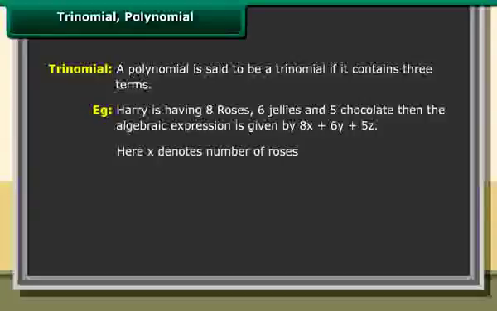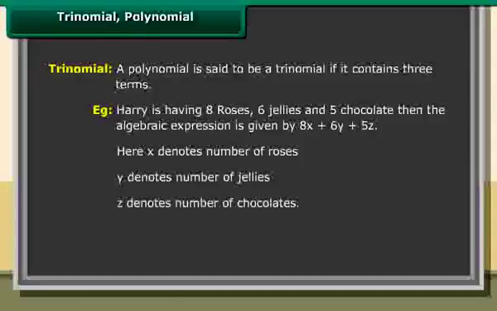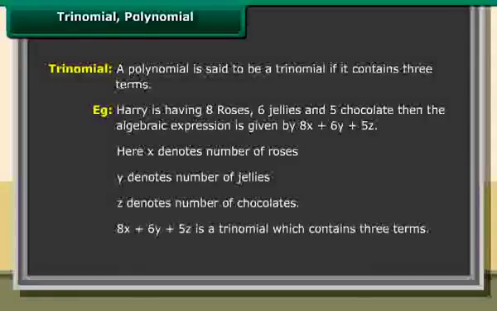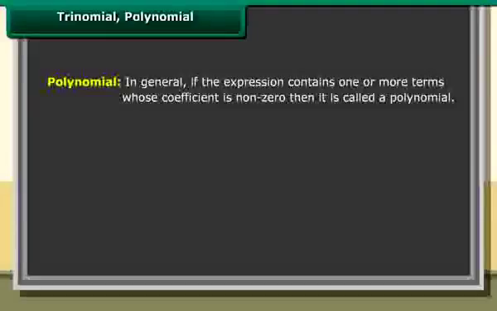Here x denotes number of roses, y denotes number of jellies, z denotes number of chocolates. 8x plus 6y plus 5z is a trinomial which contains 3 terms. Polynomial. In general, if the expression contains one or more terms whose coefficient is non-zero, then it is called a polynomial.